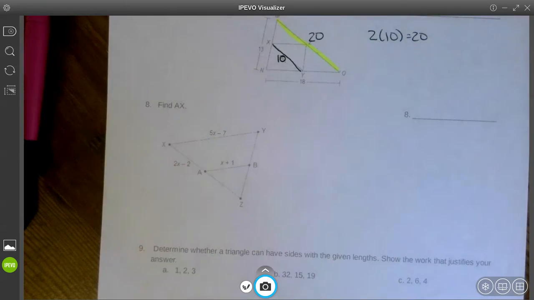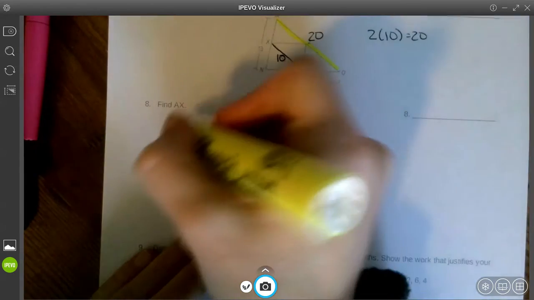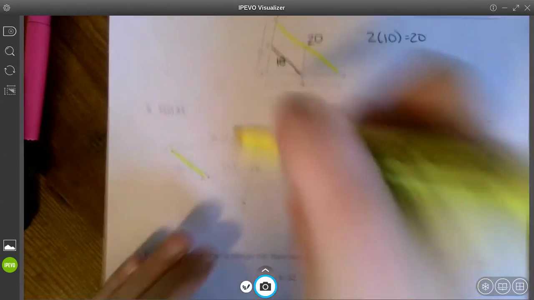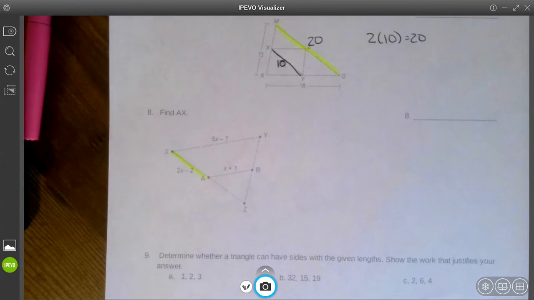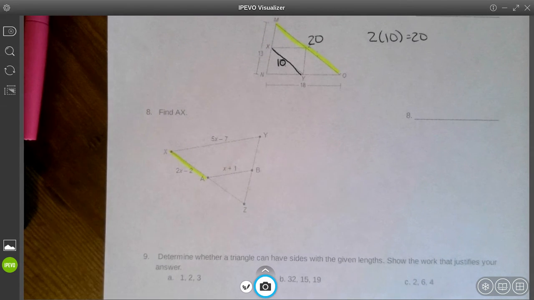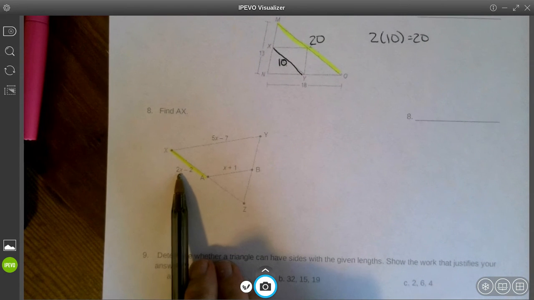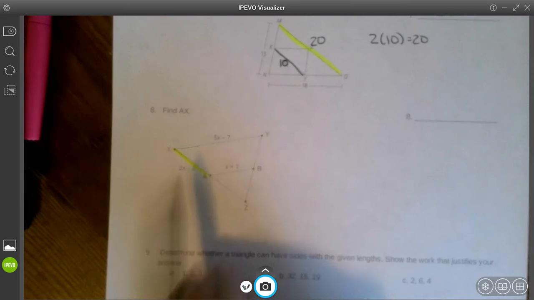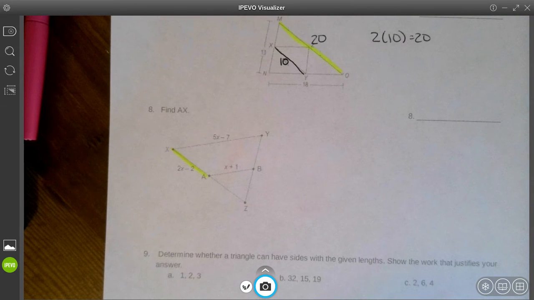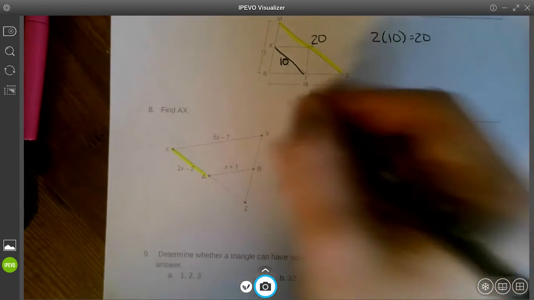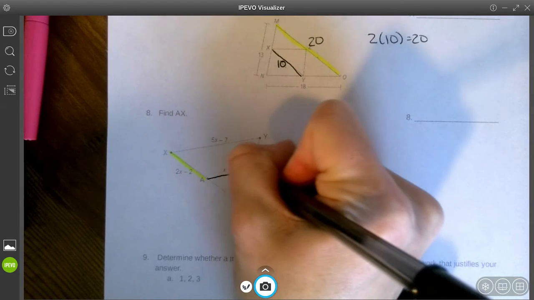Number 8, find AX. I'm trying to find this length here. I'm going to have to solve for x first so that I can plug that value of x in to get the length of AX. So first I have to figure out what equation I can set up. I notice that I have a mid-segment here.